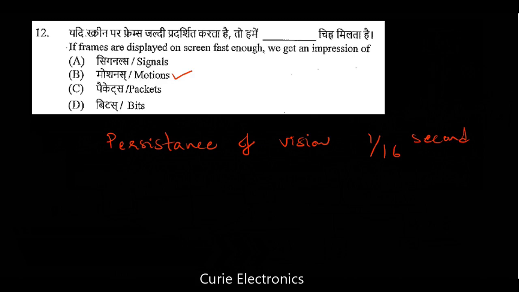I will take the example of a blinking LED. If you blink the LED 16 times in 1 second or more, our eye won't be able to see whether it is on or off, so it looks like continuously on. Similarly, the same technique is used in TV or cinema. The pictures move fast, so we feel it is a continuous movie. So, if frames are displayed on a screen fast enough, we get an impression of motion.